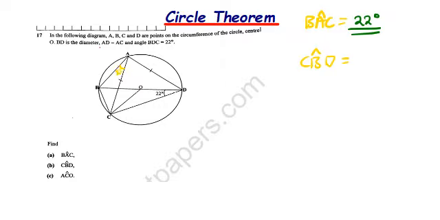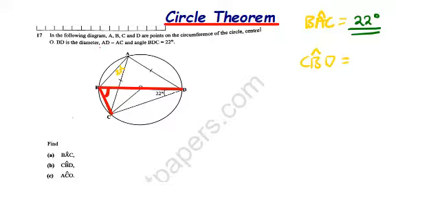So we are finding angle CBD, and remember, BD is our diameter. So we need to find this angle, which is here. That's the one they're asking us to find.